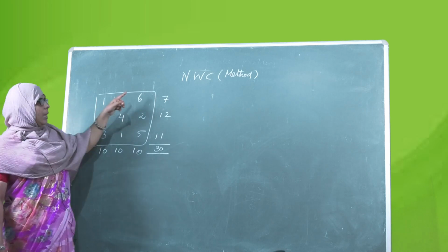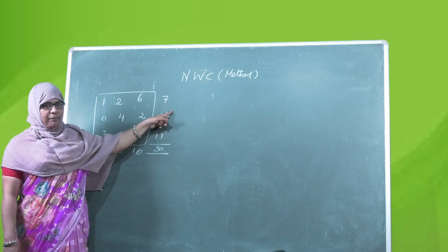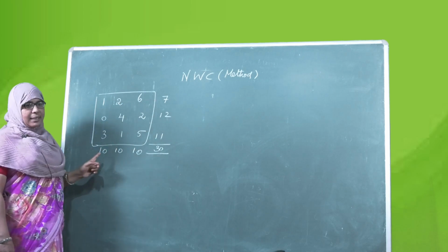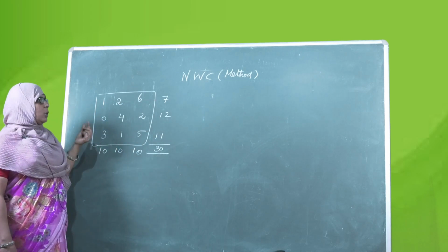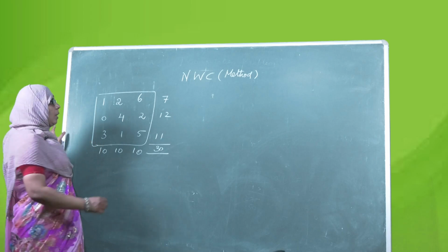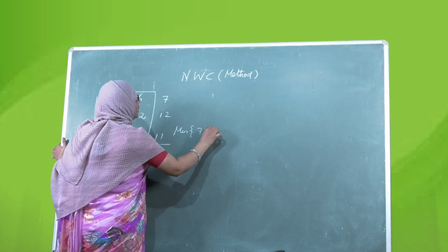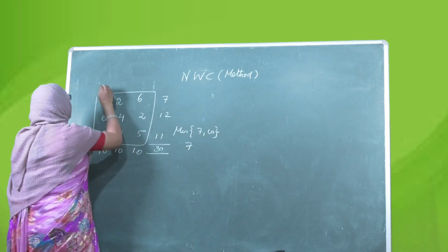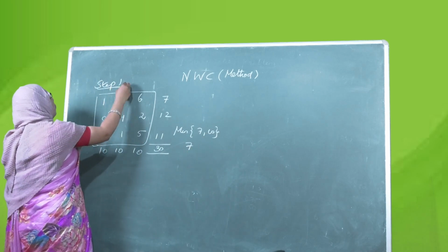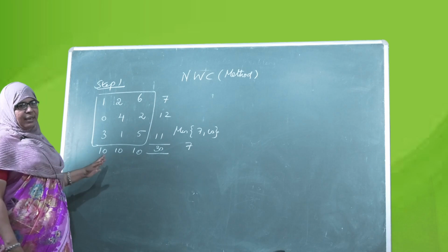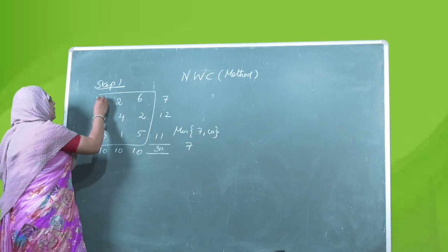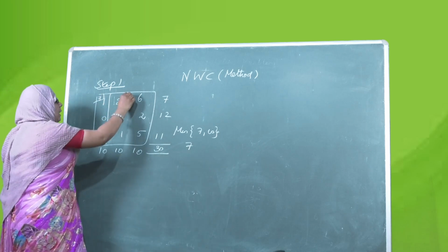What is the row element of 1? 7. And the column element is 10. Which one is minimum? Minimum of 7, 10 is 7. Step 1, minimum is 7, so you have to allocate 7.